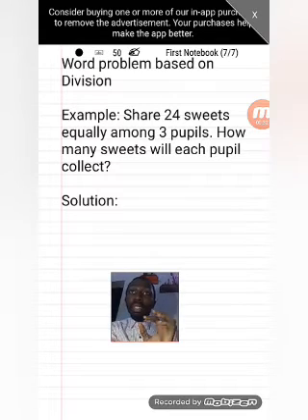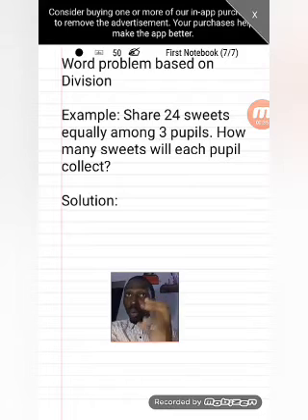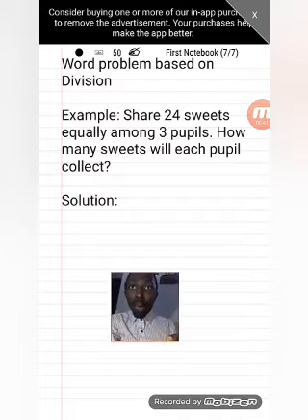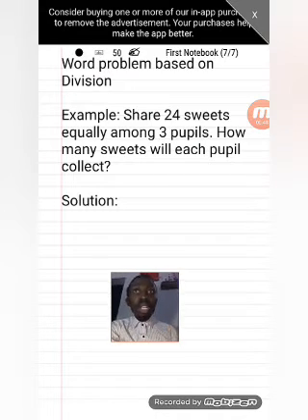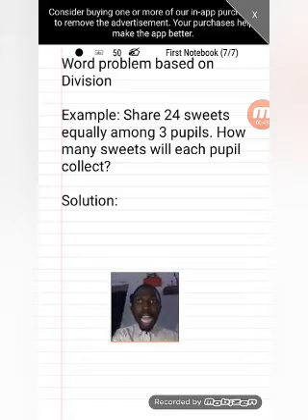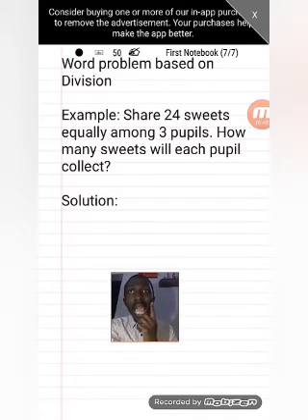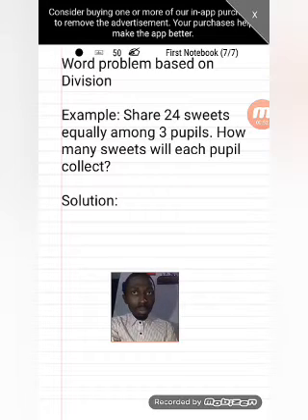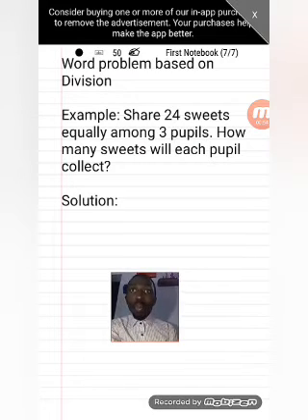That is, each of the 3 pupils would have equal amounts of sweets at the end of the day. How many sweets will each pupil collect?